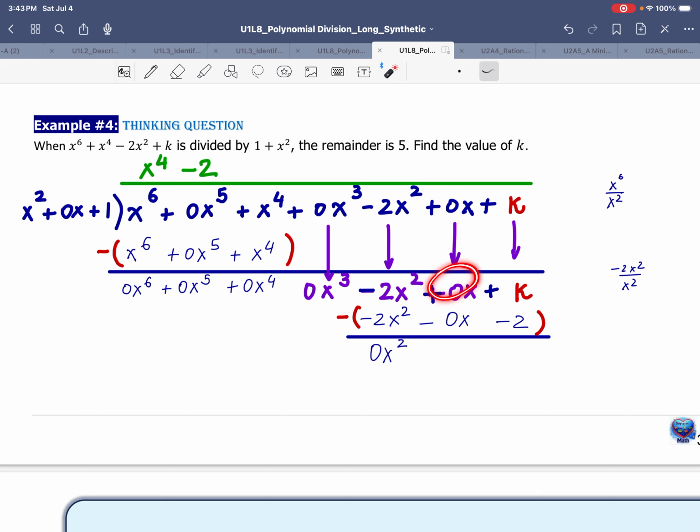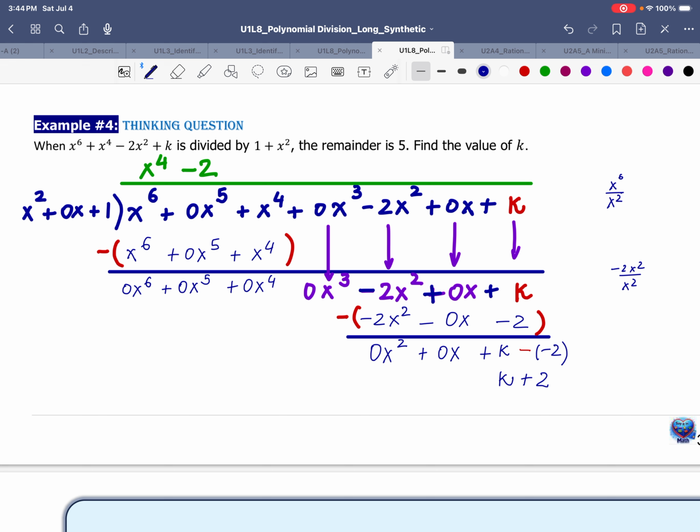Now 0x minus 0x is 0x. And lastly, we will have k minus negative 2 as a constant term. So we have plus k, and then minus negative 2. In a simplified form, k minus negative 2 will simply be k plus 2.